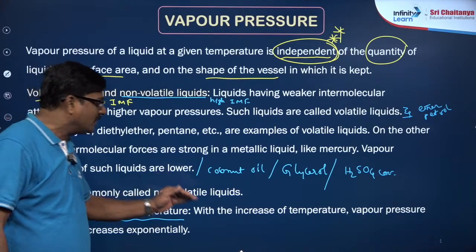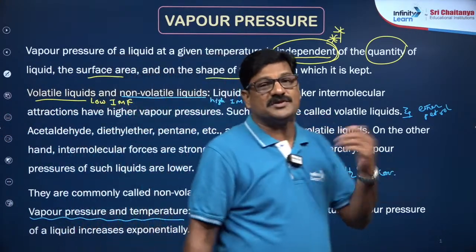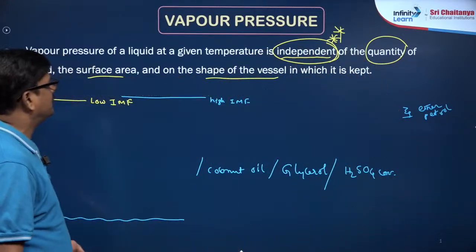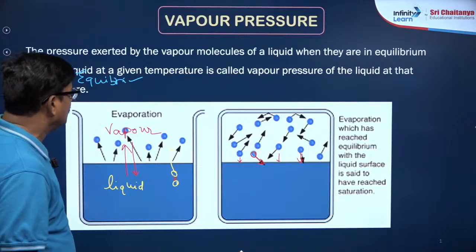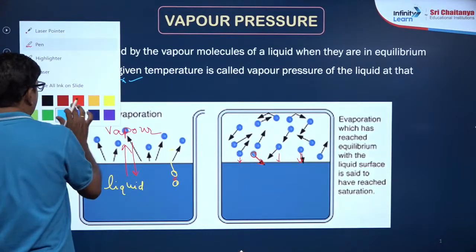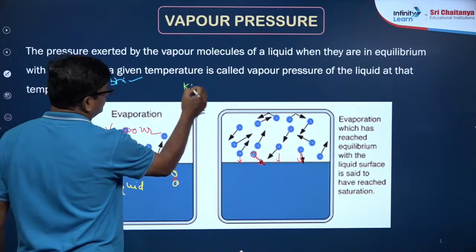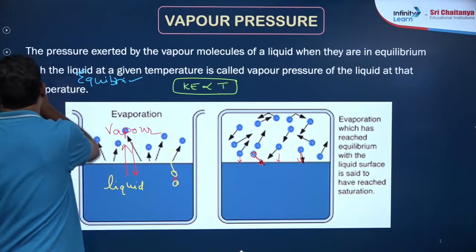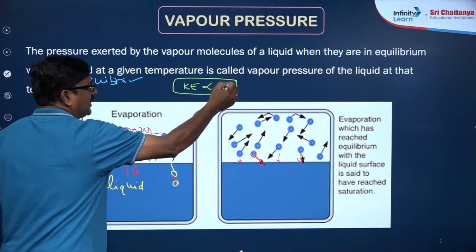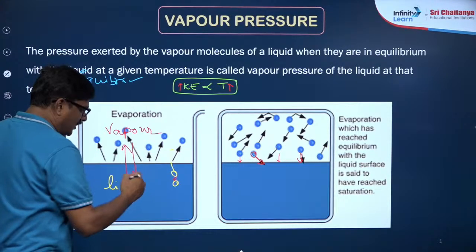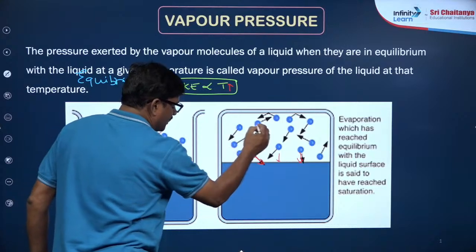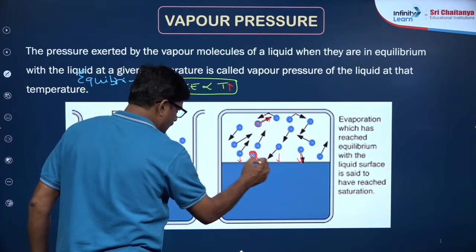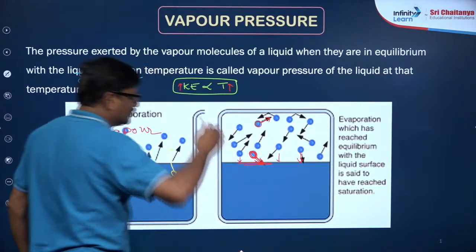So as you increase the temperature, vapor pressure increases. According to kinetic theory, kinetic energy is directly proportional to temperature. If temperature increases, kinetic energy also increases, so the liquid molecules hit the surface of the liquid with more force.